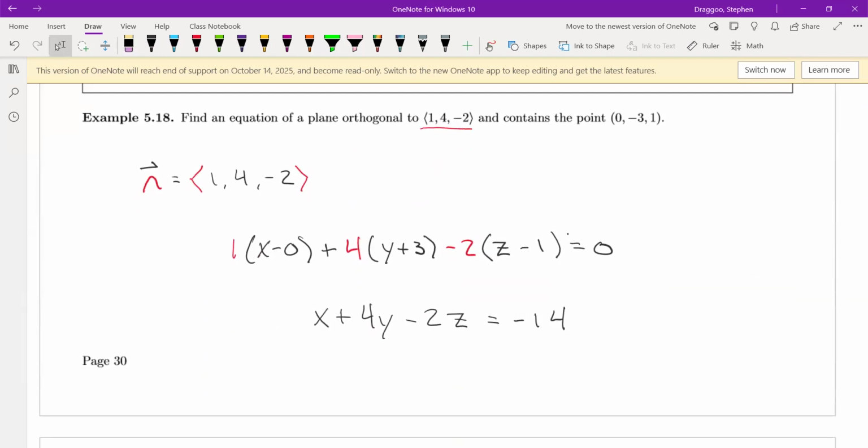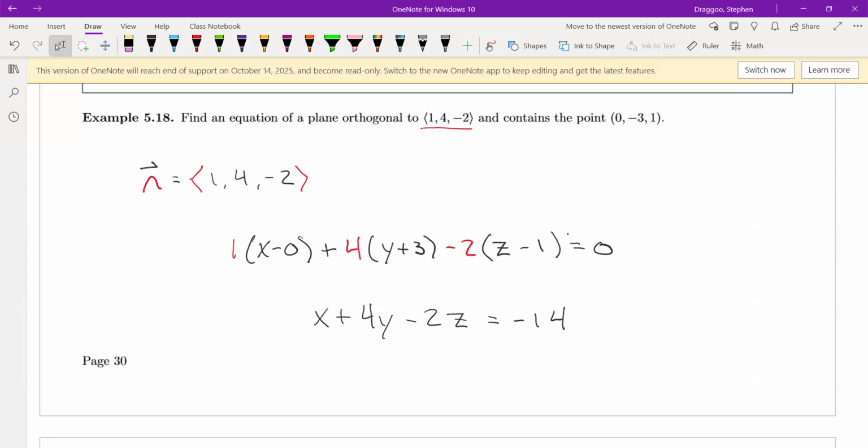And just a quick example, if I want the equation of a plane orthogonal to a vector 1, 4, -2, and goes through some point, I can just plug that into what is kind of like the point slope equation for a plane. Maybe this one is standard form and the other one's general form.